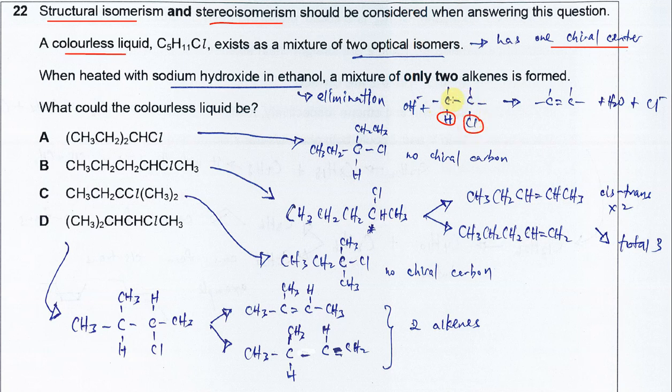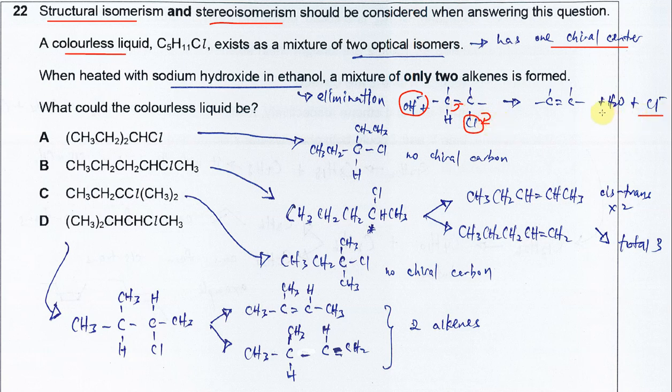So the hydroxide can attack this hydrogen and it will form the C=C double bond, because the C-H bond breaks here, the electrons move to form the double bond, and the C-Cl bond breaks. Then chloride is formed.